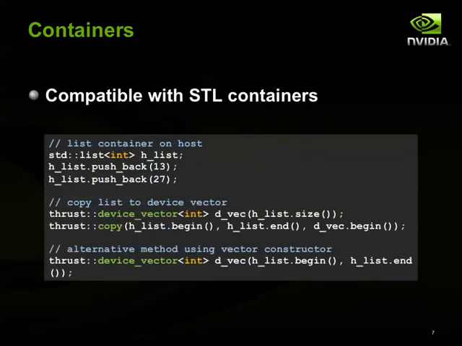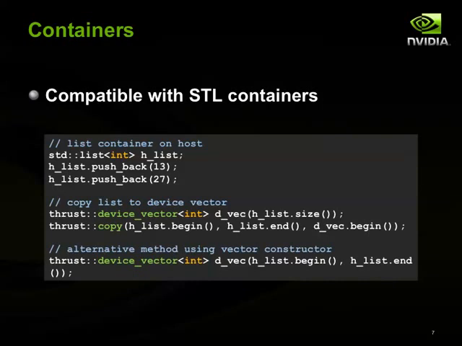One neat thing about this kind of interface is that we can make it compatible with the STL. So if your data is already in a list or an STL vector, you can just throw it right immediately into Thrust, and we accept that kind of thing. So at the top, I have a list in the STL. This is just a linked list data structure that C++ provides. I'm going to put 2 integers into it.